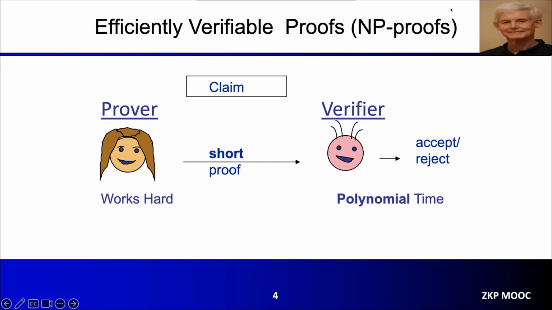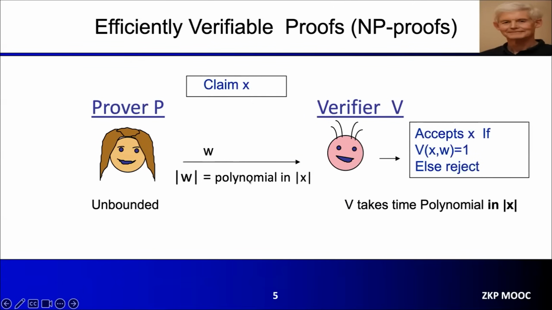What do we mean by polynomial? What we mean is that the string that the prover sends to the verifier is of size polynomial in the length of the claim. So we think about the claim as string X, a binary string. The message here is binary string W. The length of W is polynomial in the length of X. So if it takes 100 bits to describe the claim, W's length should be polynomial in 100.